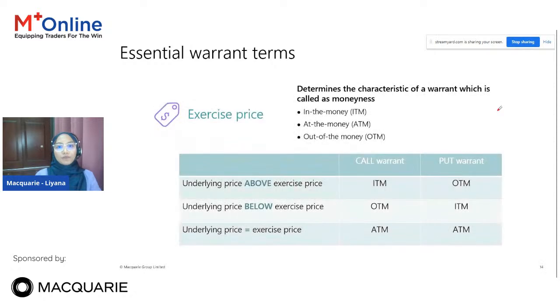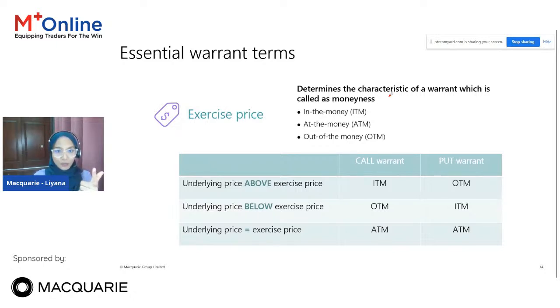Okay. Alright. So exercise price, this one saya nak touch sikit saja mengenai exercise price, okay? Because ni antara satu benda yang penting jugalah, because exercise price ni dia menentukan karakteristik sesuatu warrant tersebut. So sama macam company warrant pun dia ada exercise price. So the keyword here is that kalau you encounter mengenai warrant, so first of all you have to know the exercise price, the expiry date, okay?